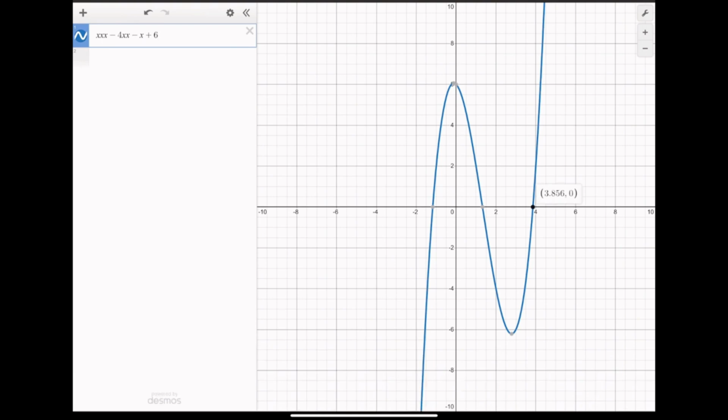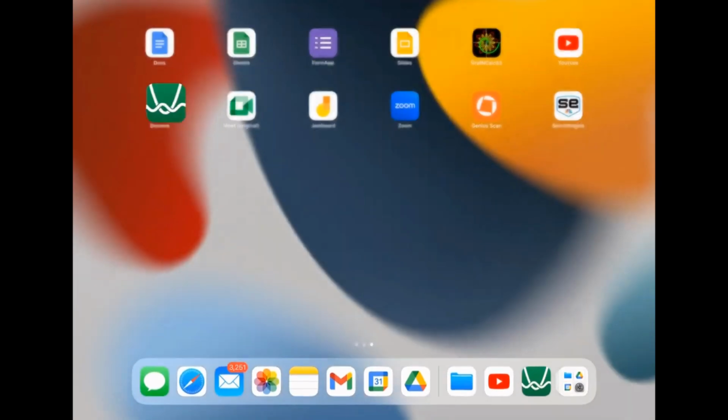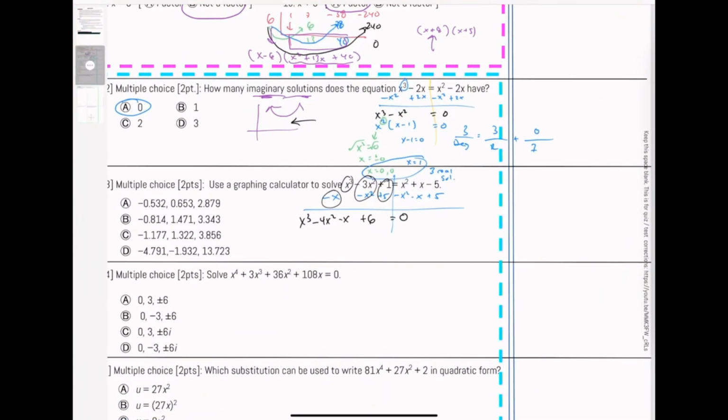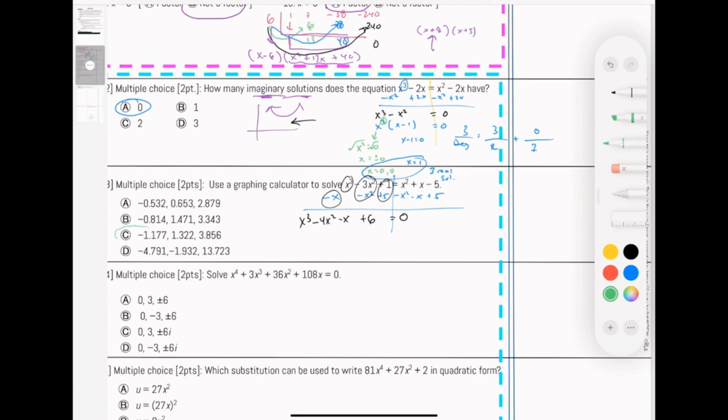And here are all of our solutions. Let's go ahead and take a look at those. And so I have negative 1.77, this would be C.